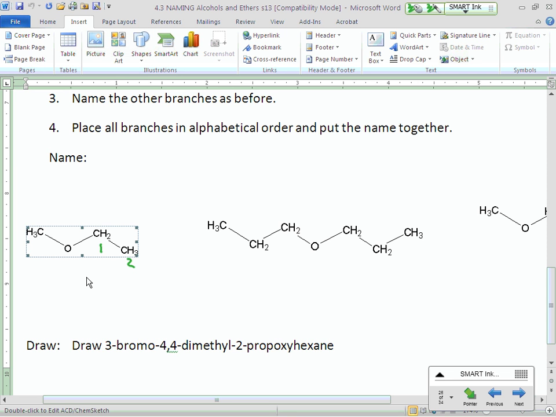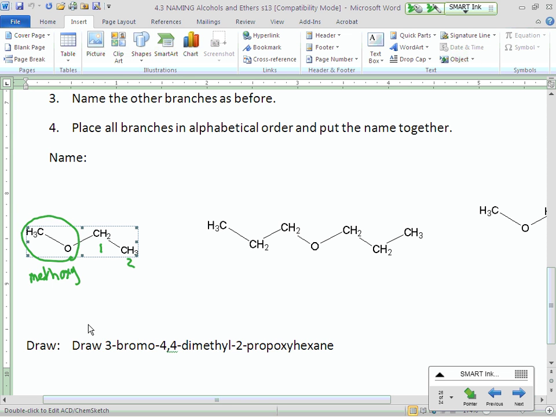And the group is this one right here. Okay? So the shorter chain gets the oxygen and is named as a branch. And this is not a methyl, but it's a methyl with an oxygen, which makes it methoxy. Is that fun? That's a fun name. That makes it a methoxy group.